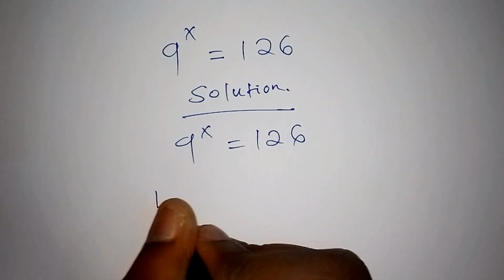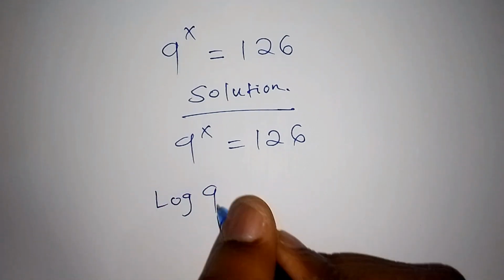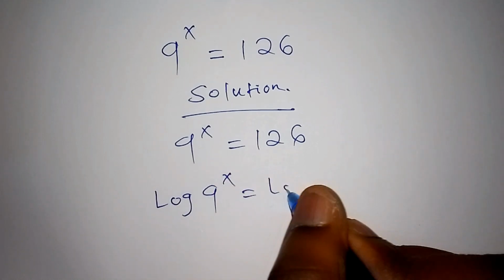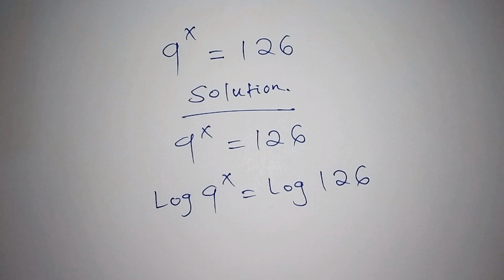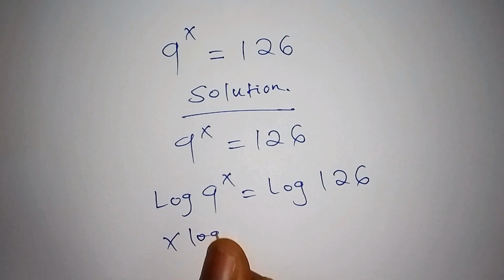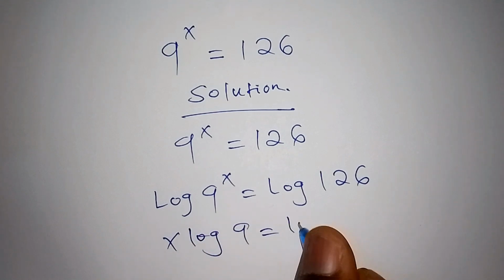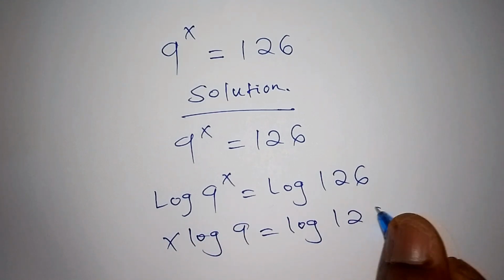Now we shall have the log of 9 to the power of x is equal to the log of 126. The log of 9 to the power of x can also be written as x log 9 is equal to the log of 126.